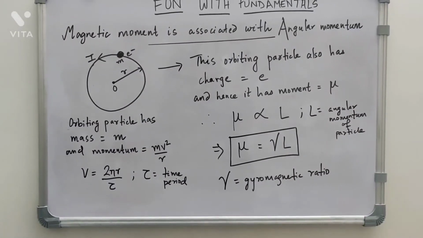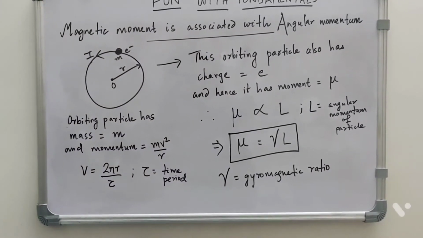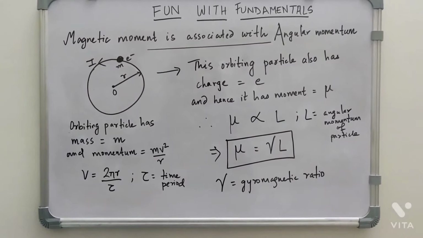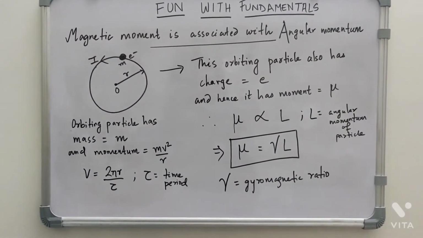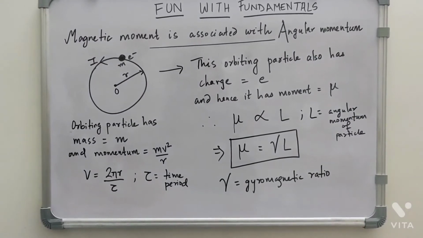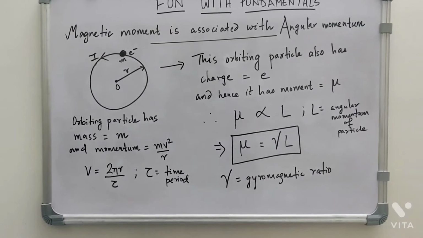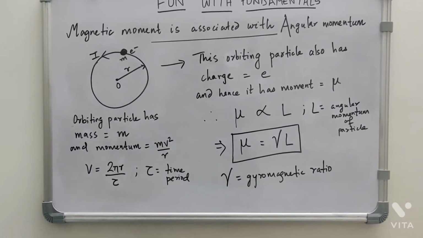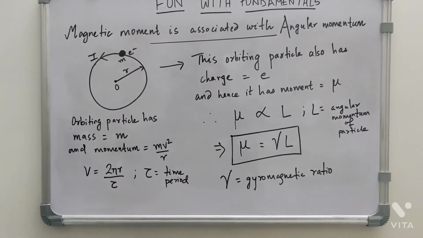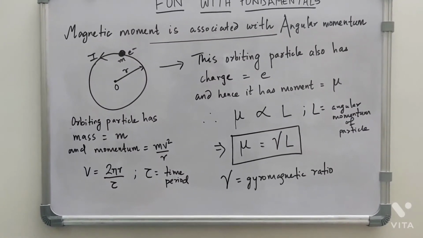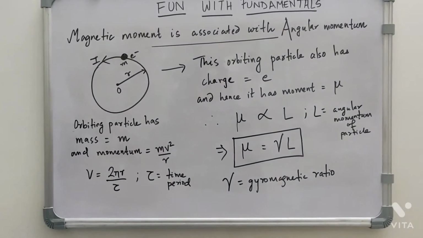Now we will show that the magnetic moment is associated with angular momentum. For that, consider a particle of mass m carrying a charge e revolving in a circular path of radius r. This orbiting particle has a mass m and hence has an angular momentum, where v is the velocity of the particle given by 2 pi r by tau, where tau is the time period of rotation.